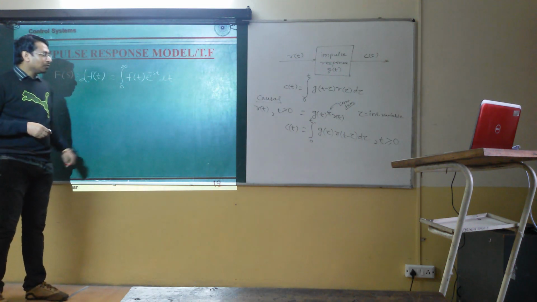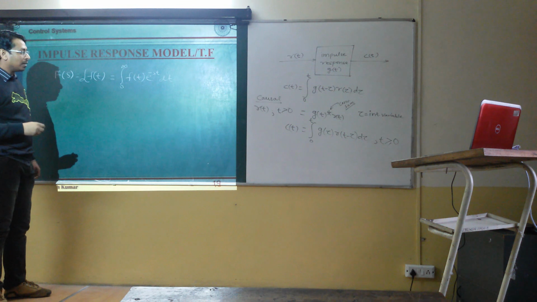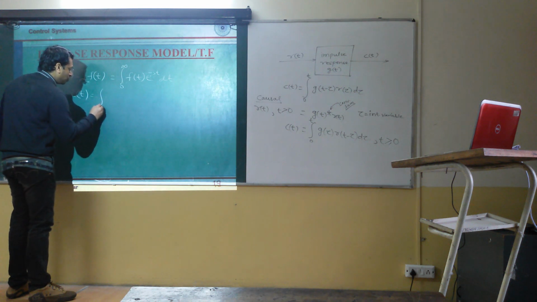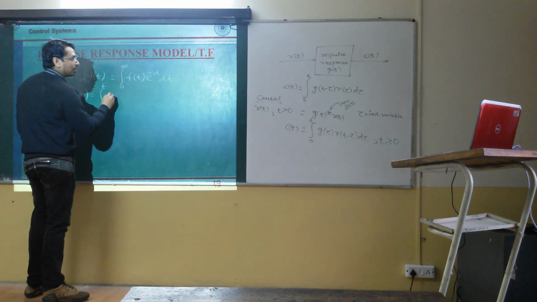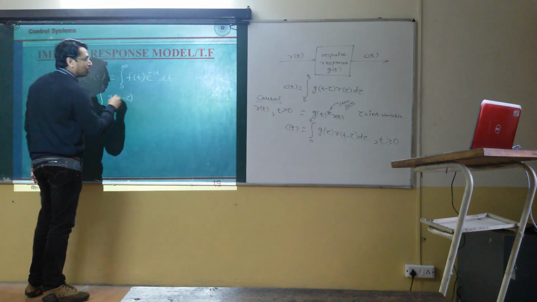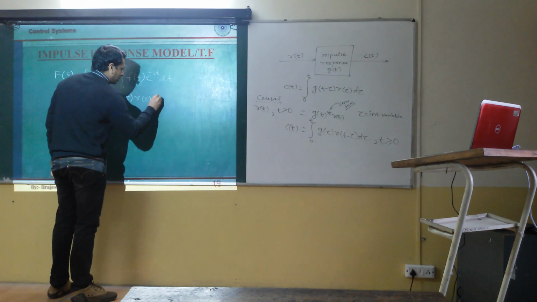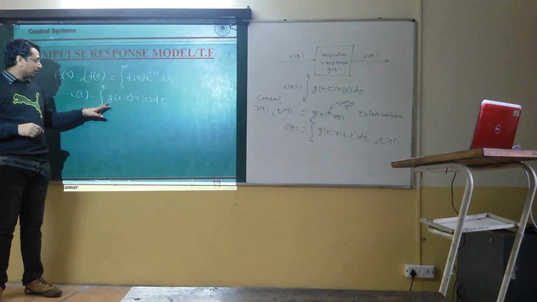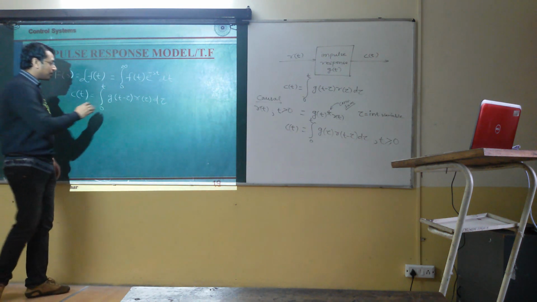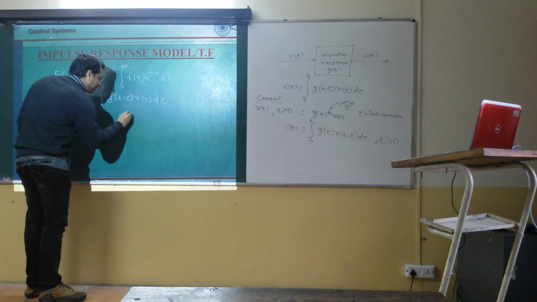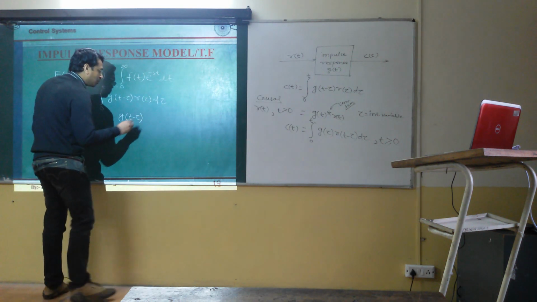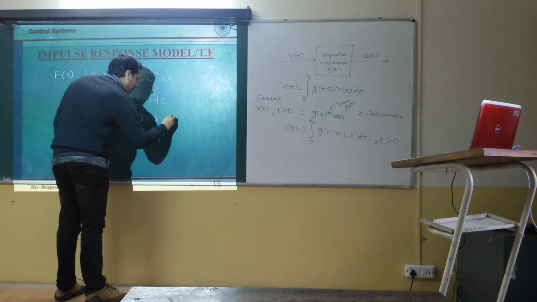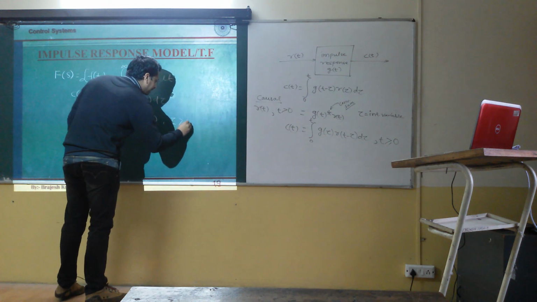Well, now you have C(t) given as the integral from 0 to t of g(t minus tau) r(tau) d tau. And you have said that your system is causal, so the value of g(t minus tau) is going to be 0 when tau is greater than t.